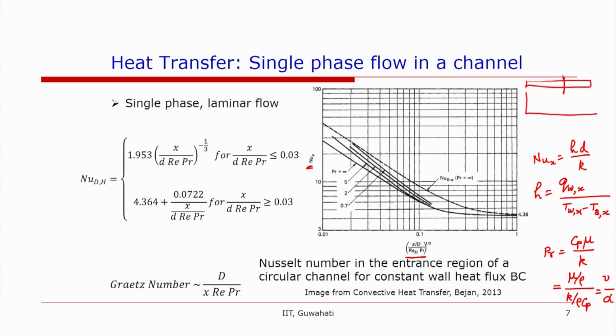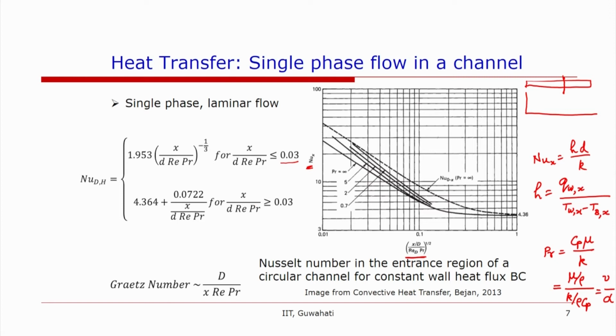There are different correlations that have been given, and one of them is that the Nusselt number decreases as x over d Re Pr to the power minus 1 by 3 when this is less than 0.03, and then it decreases according to this equation when x by d Re Pr is greater than 0.03.